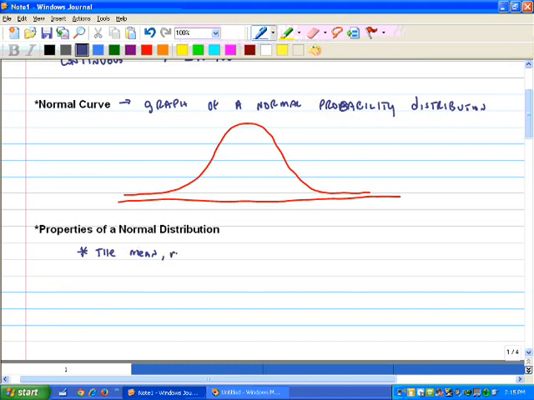The mean, median, and mode of a normal probability distribution are all equal. The normal curve is symmetric about the mean.